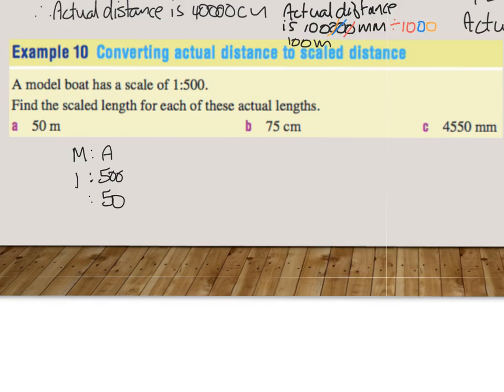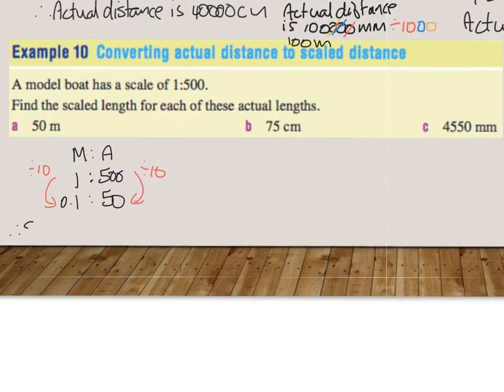Now I ask myself, how did I get from 500 to 50? In this case, it was pretty easy. All I had to do was divide by 10. Now when we do example C, you'll see it's not always going to be that simple, but it's always going to be quite easy. What I do on the one side, I do on the other side. So we're going to say 1 divided by 10, and that will give us an answer of 0.1.